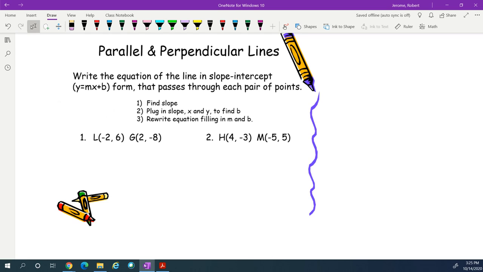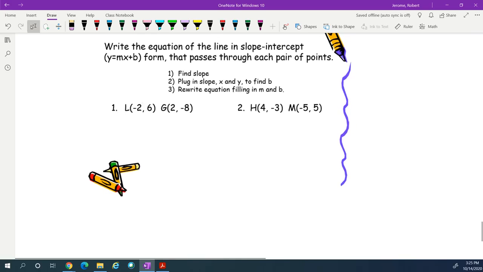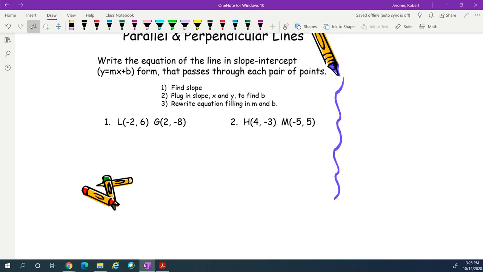And finally, we might be asked to write the equation of the line. We can write an equation that's parallel or perpendicular, but we might be asked to write the equation of the line. We did this at the beginning. Let's do one of these.